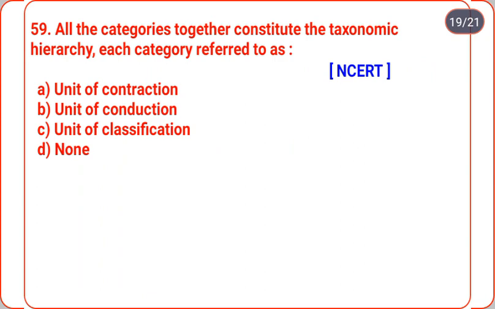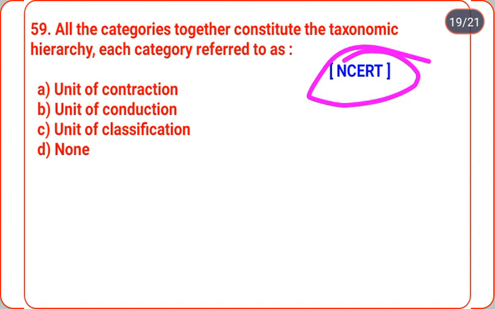All the categories together constitute the taxonomic hierarchy. Each category is referred to as option A unit of conduction, option B unit of conduction, option C unit of classification, option D none. That is from the NCERT book.